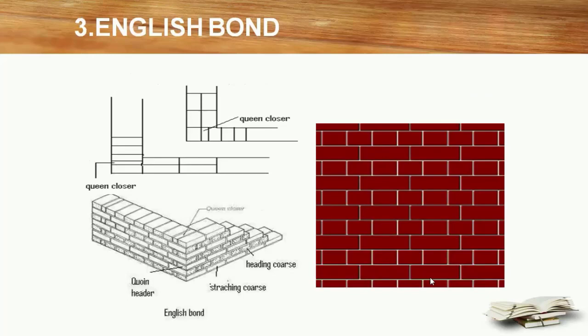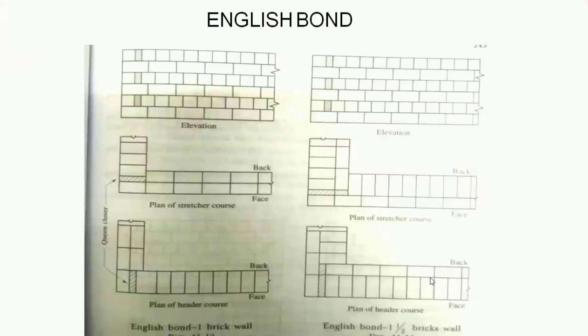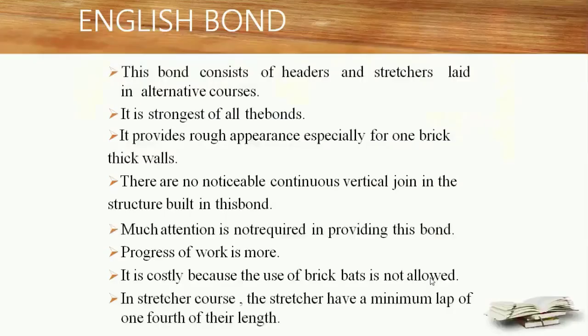Then the English bond. As you can see in the figure, this is the English bond. Basically in this type of bond, alternate courses consist of headers and stretchers. This is the strongest bond and is thus commonly used for walls of all thicknesses.